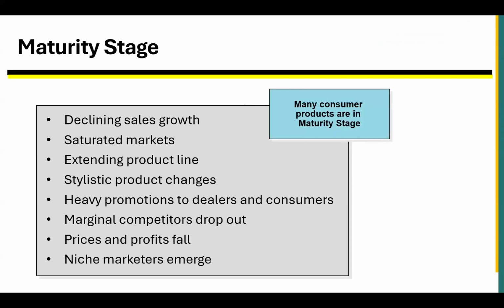All right. So moving on to the maturity stage. Tell me, what are the features, what are the characteristics of a brand or a product which has come to a maturity stage? What are the features?